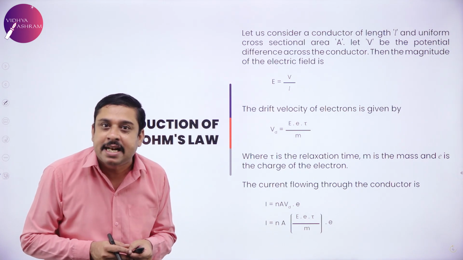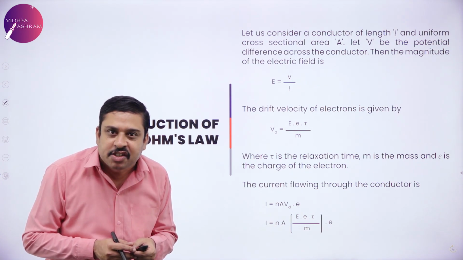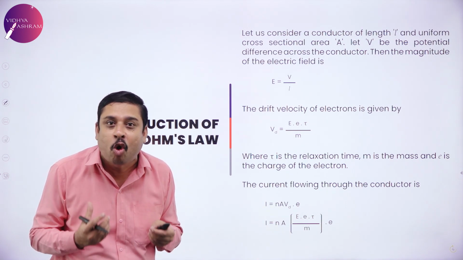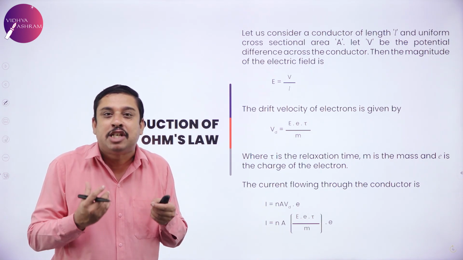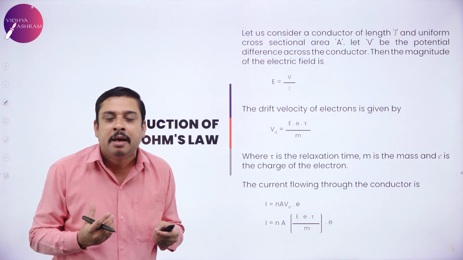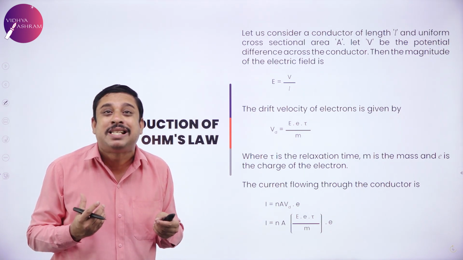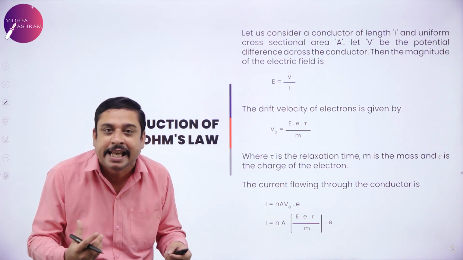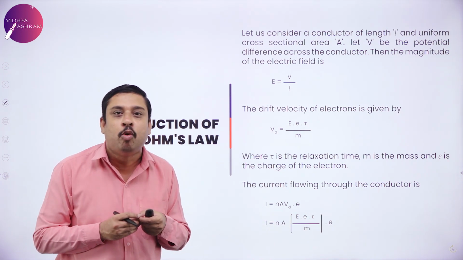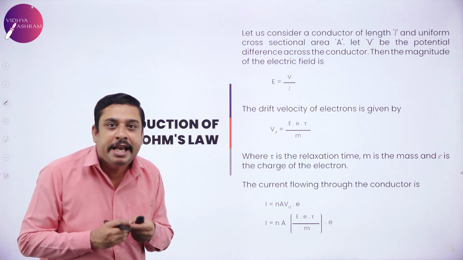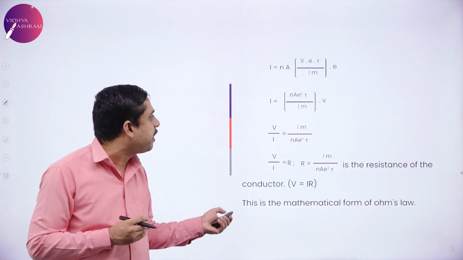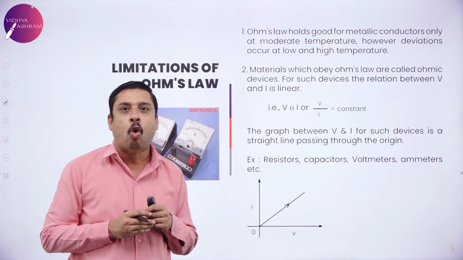I have explained something called relaxation time. Please make efforts. I have told you hard work has no substitutes. By now you have to be able to derive physical equations. So my book work today is very important, where I want you all to derive the mathematical form of Ohm's law.